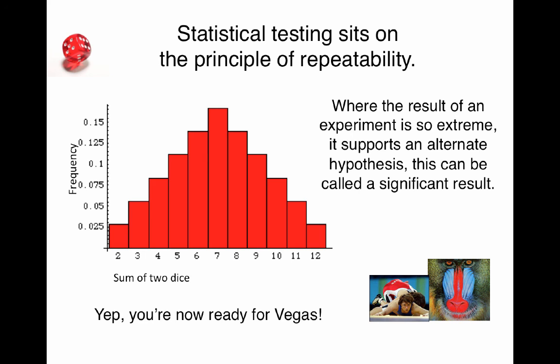Where the result of an experiment is so extreme that it seems very unlikely that you would get these results under the conditions described in the null hypothesis, that's when we say we have a significant result. And what that's essentially saying is that if you try our experiment, you'll get the same outcome. And we think we've established a repeatable pattern, difference, or trend.